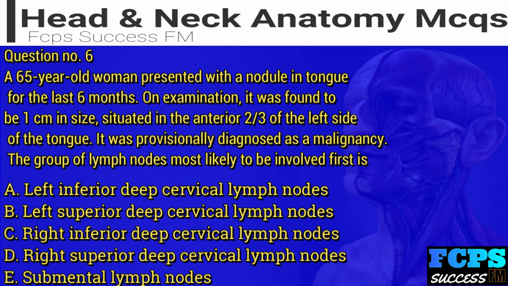The group of lymph nodes most likely to be involved first is A. Left inferior deep cervical lymph nodes. B. Left superior deep cervical lymph nodes. C. Right inferior deep cervical lymph nodes. D. Right superior deep cervical lymph nodes. E. Submental lymph nodes.